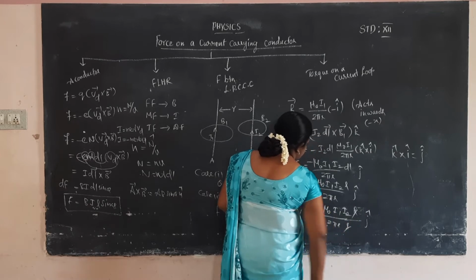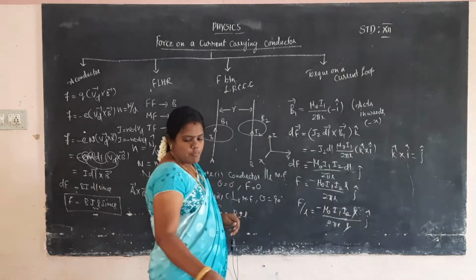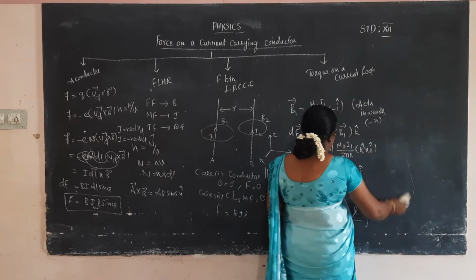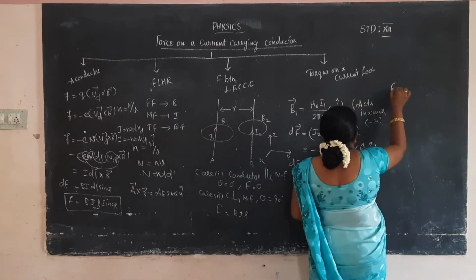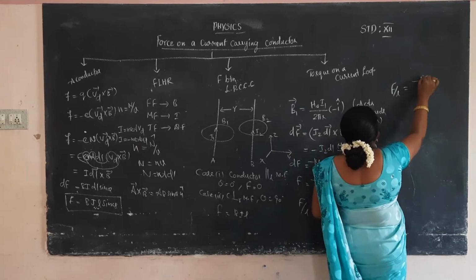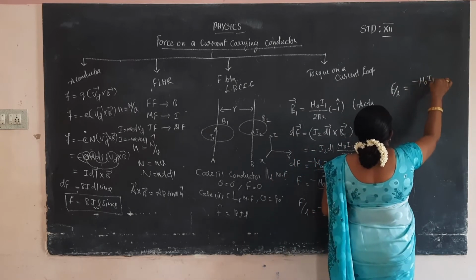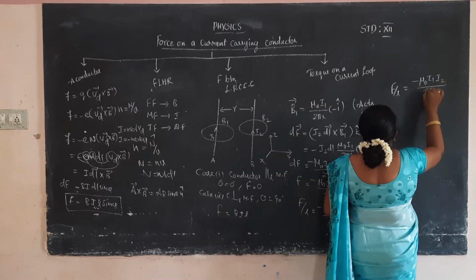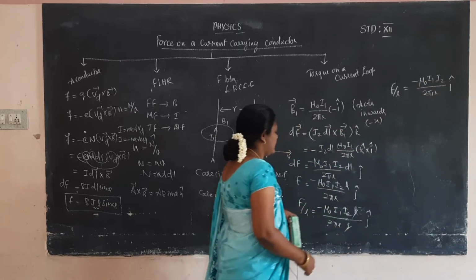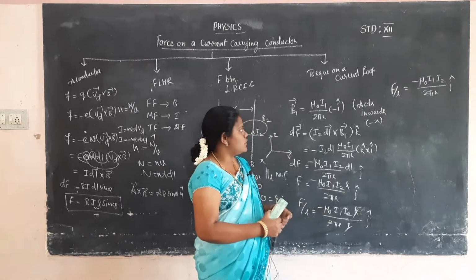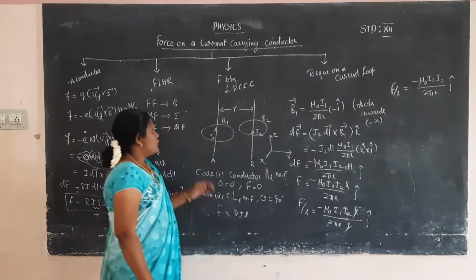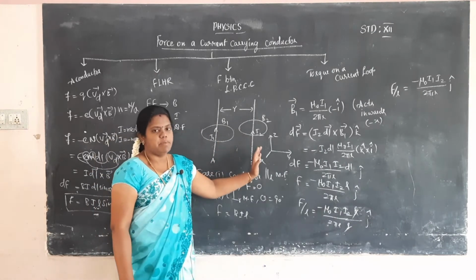The balance term is F by L, the force per unit length, equal to minus mu naught I1 I2 by 2 pi r into j cap. So this is the force acting on conductor B.